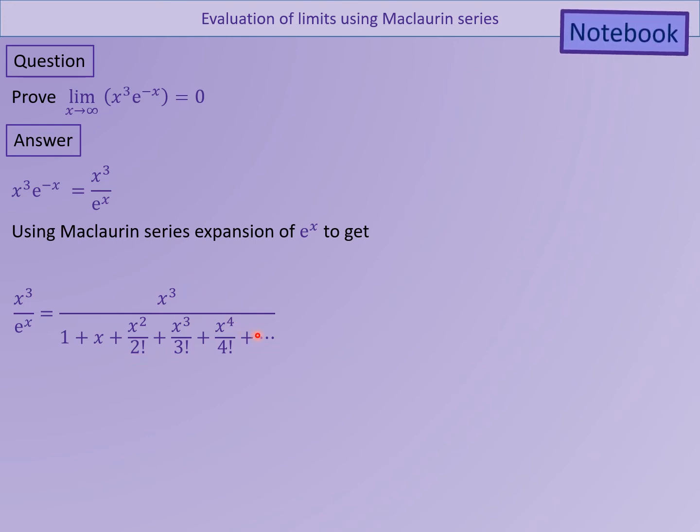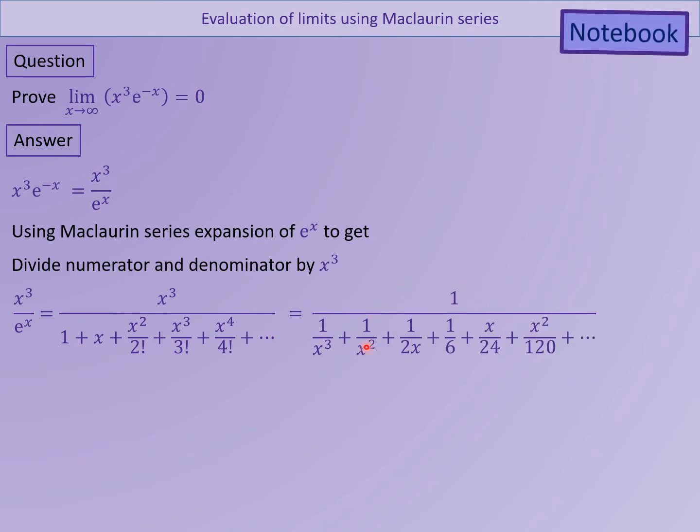So if I divide through by x cubed, then what I'm going to end up with is 1 on the top, and underneath 1 over x cubed, 1 over x squared, okay? Right, and I'm looking for when x approaches infinity. Now, as x approaches infinity, that numerator is not going to make any difference. These values here are all going to go to 0. I'm going to be left with 1/6 just there. But that doesn't really matter because once you go past the 6th, you've got x over 24.